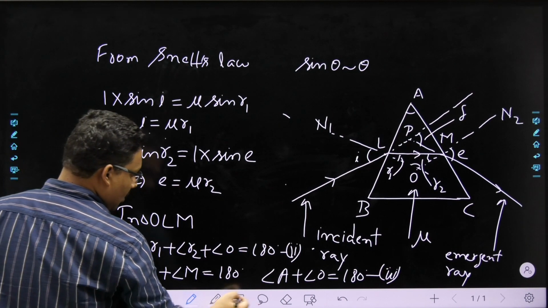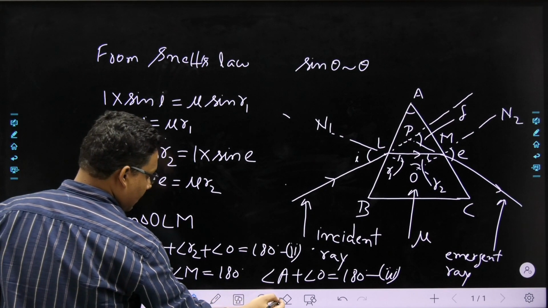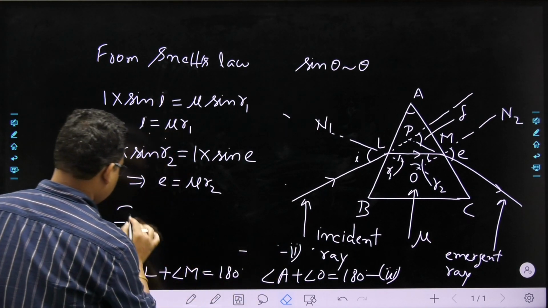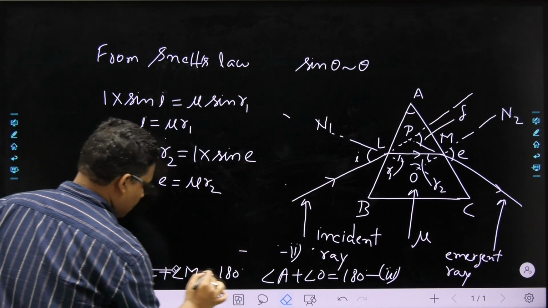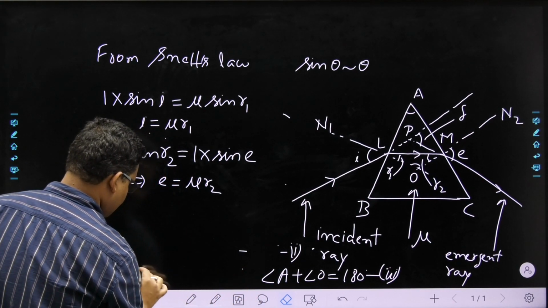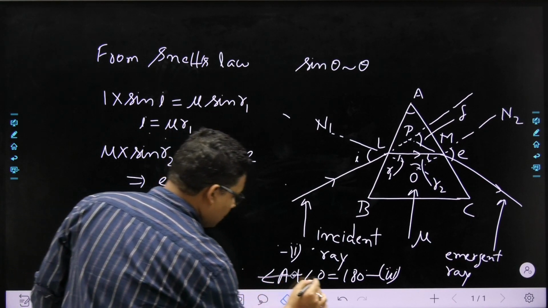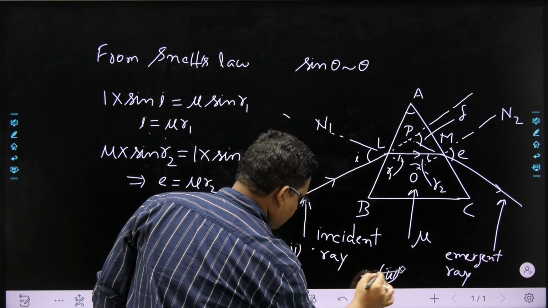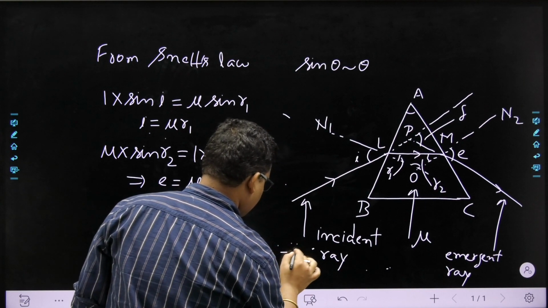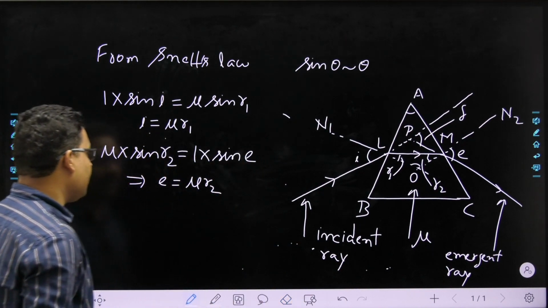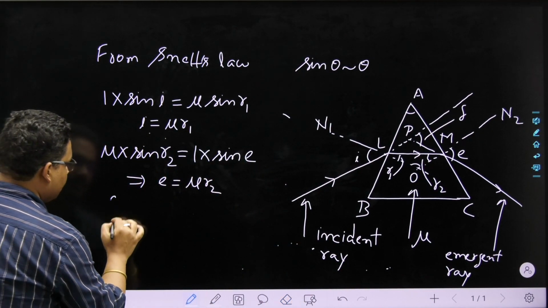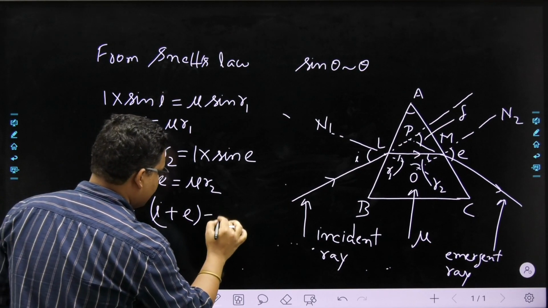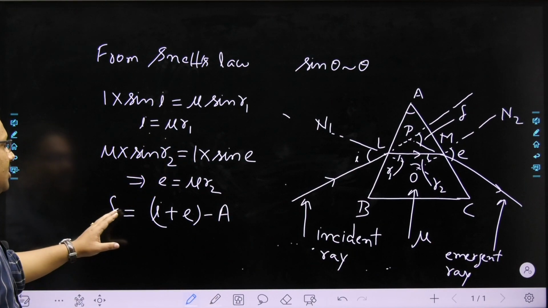Now, what we will do? We will put the values of these in the equation delta equals i plus e minus A. This is the equation we have got earlier.